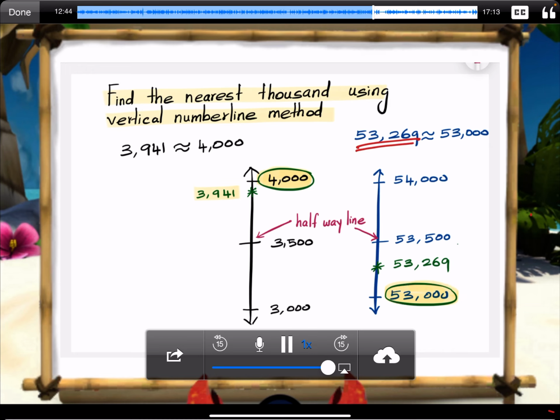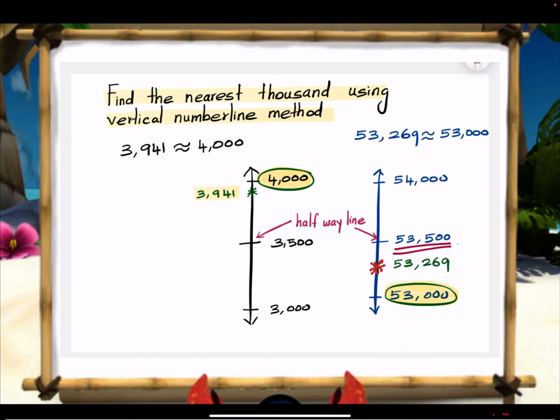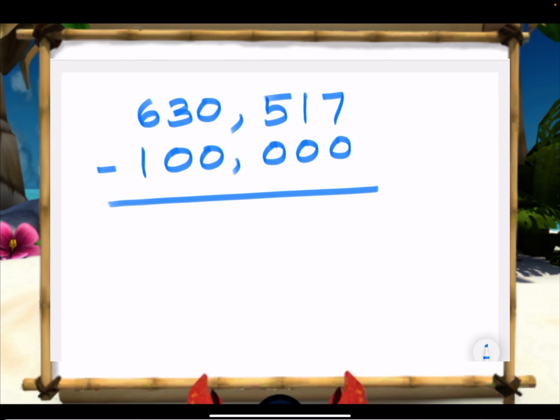That is what we have to check. And 53,269 goes right here between 53,500 and 53,000. And since it is below the halfway point, this is the halfway point. So since it is below the halfway point, it is closer to 53,000.